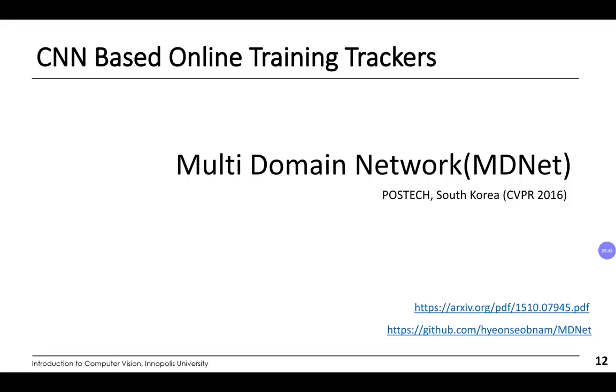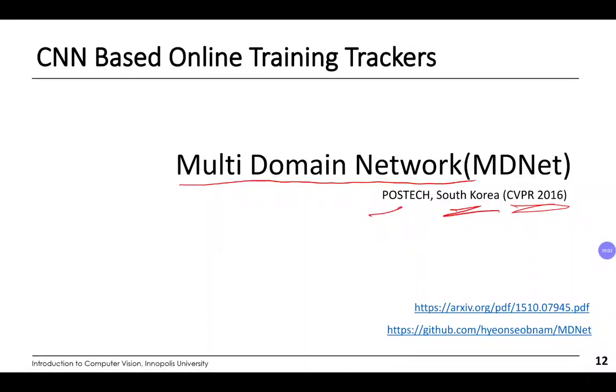Okay, so let's move to our first CNN based online tracking algorithm. This is the multi-domain network, a paper published in CVPR 2016, written by Postech, South Korea.